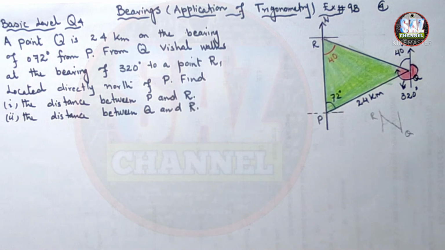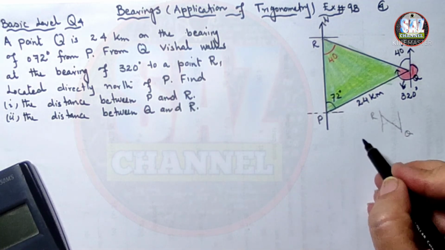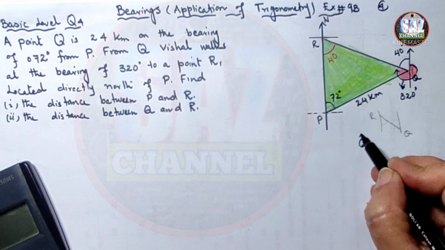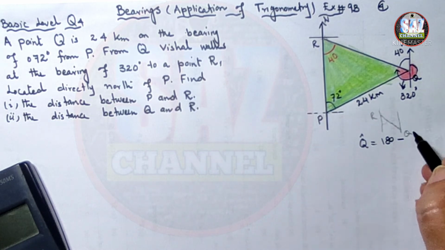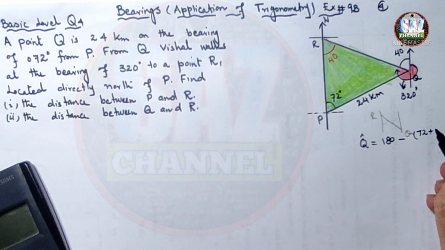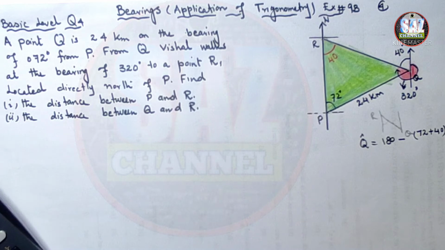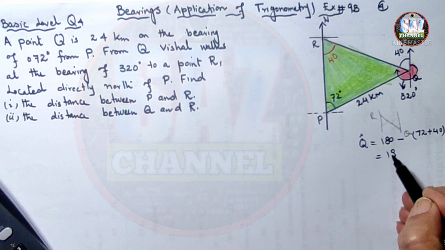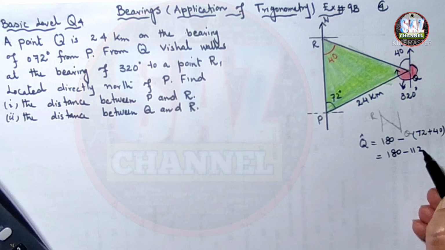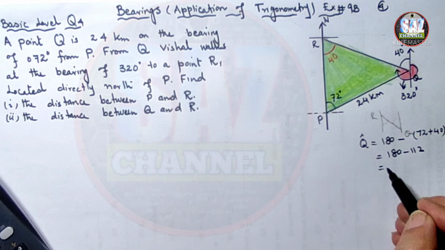Now in this triangle I have two angles with me, and we know that the sum of interior angles of a triangle is always 180 degrees. So angle Q will be equal to 180 minus (72 plus 40). 72 plus 40 is 112, and 180 minus 112 is 68 degrees.